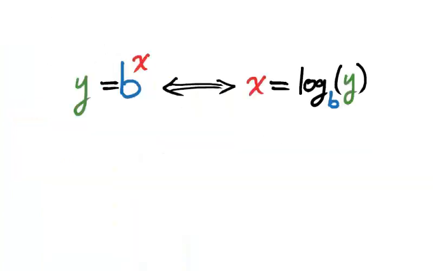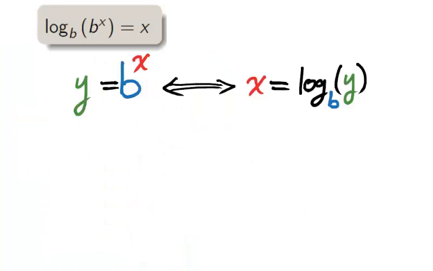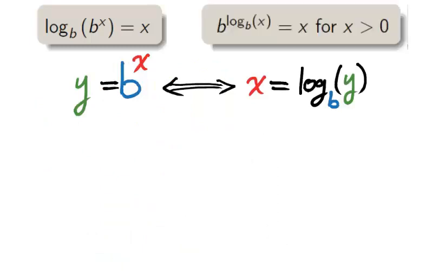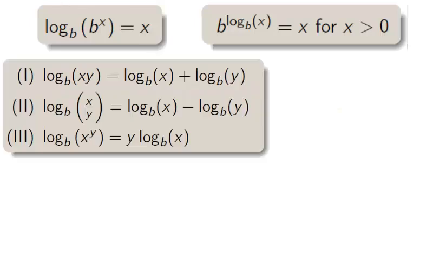Since logarithms are inverses of exponential functions, the logarithm base b of b to the x is just x. And for positive values of x, b to the logarithm base b of x is x. This property leads to three important functional properties of logarithms.